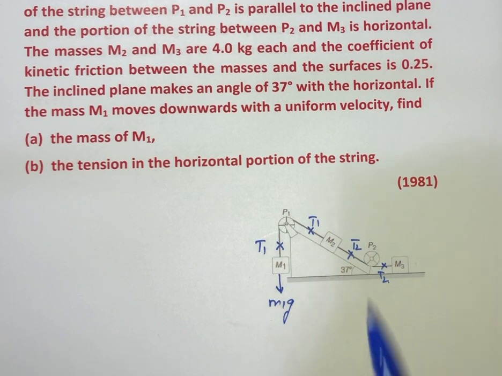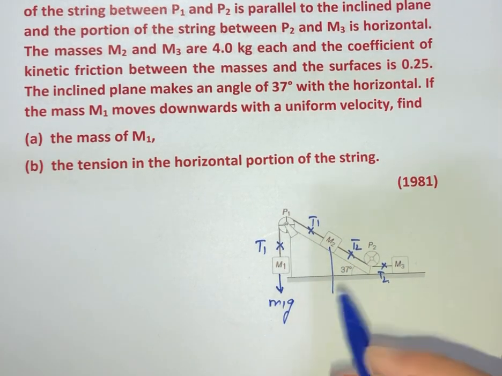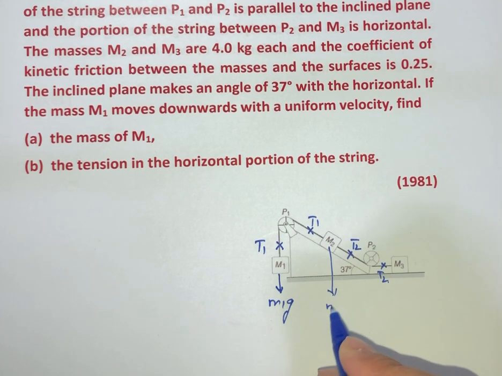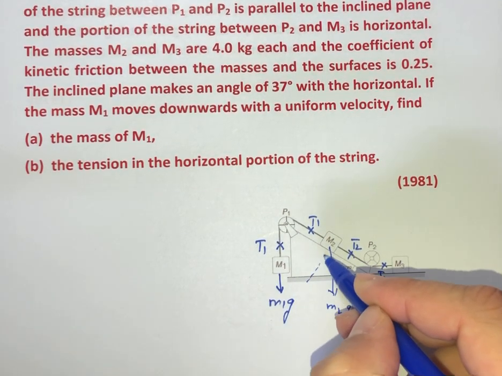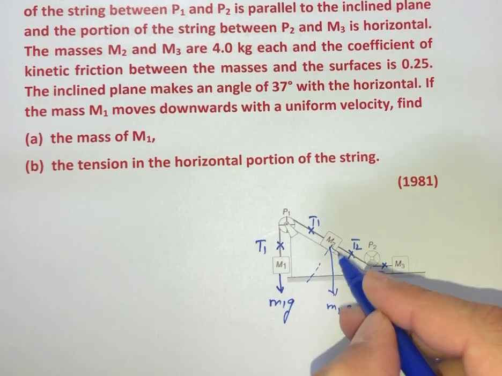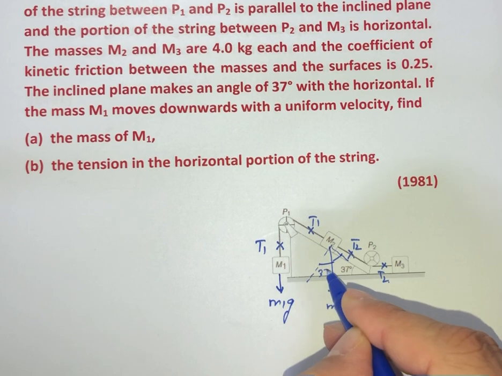Okay, so m2g will be acting in the downward direction like this, and this can be divided into two components. So this will be our 37.